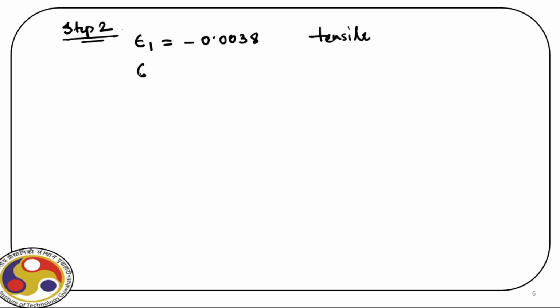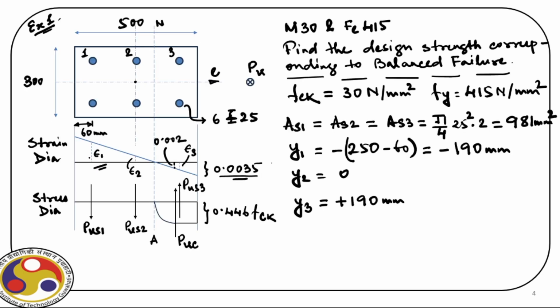Now for epsilon 2, again, let us go back to the strain diagram. And we know the location of these two different layers of steel. So from this diagram, we can easily find out epsilon 2.